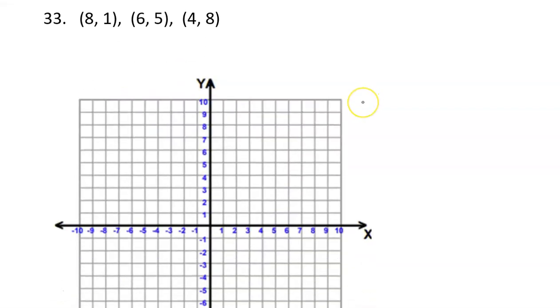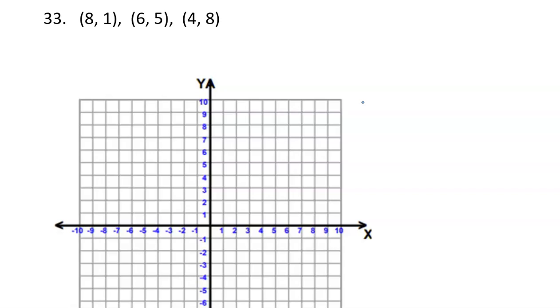Now number 33 is the same skill. We could find the answer by comparing slopes, but the other way you can do it is if you have access to grid paper, you can graph the 3 dots, put your straight edge on the paper to see if the 3 dots do line up perfectly along the edge of your ruler. So where is (8, 1)?